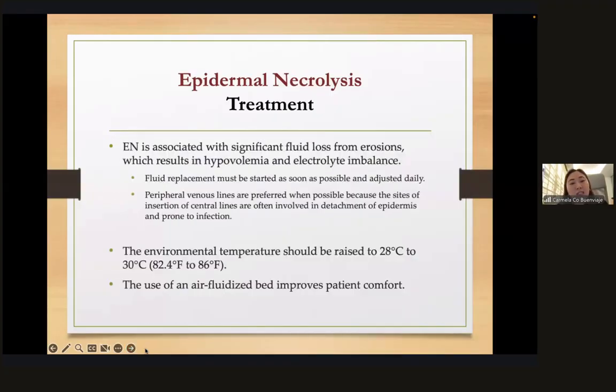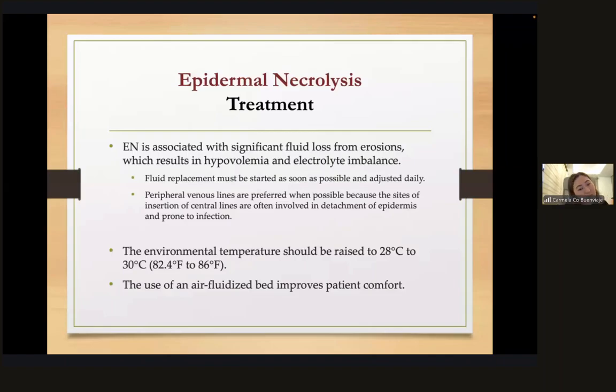EN is associated with a significant fluid loss from erosions, which results in hypovolemia and electrolyte imbalance. Therefore, fluid replacement must be started as soon as possible and adjusted accordingly every day. Again, peripheral venous lines are preferred over central lines when possible because the sites of insertion of central lines are often involved in detachment of epidermis and also prone to infection.